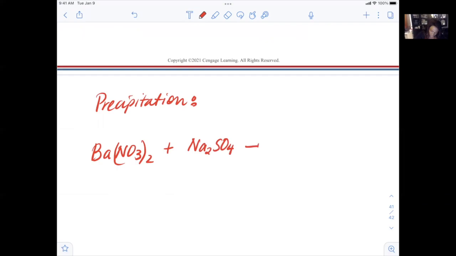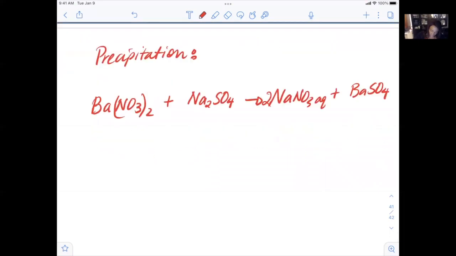The products here are sodium nitrate and barium sulfate. Barium sulfate happens to be a white solid, but everything else here is a clear, colorless liquid.